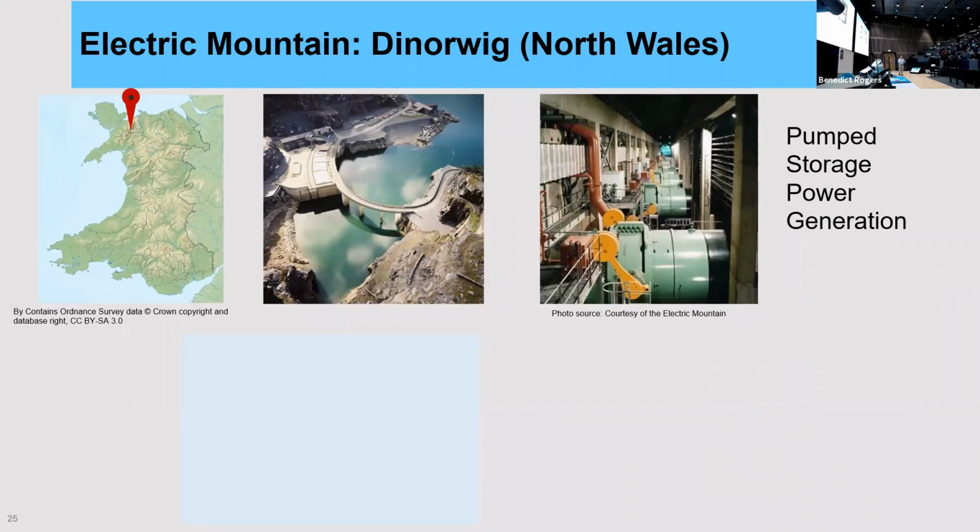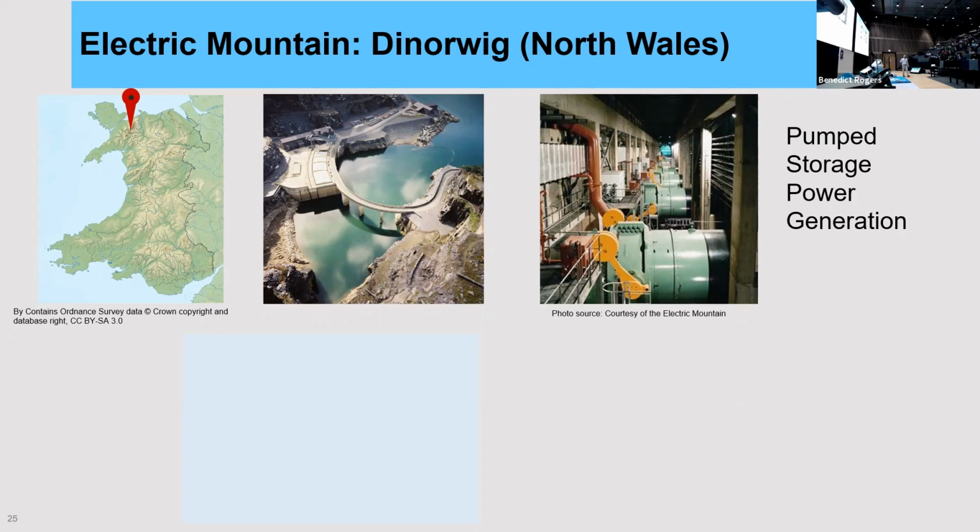A really great example of this, and you see this replicated all over the world, is a hydroelectric power station. This is Electric Mountain in North Wales. It's an amazing place to go and visit if you get the opportunity. They have a visitors center there, and you see engineering on a vast scale in operation.